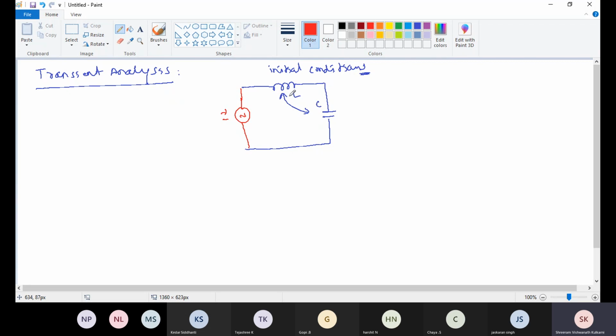How they are going to change, instantaneously or linearly, we will see in the next section.